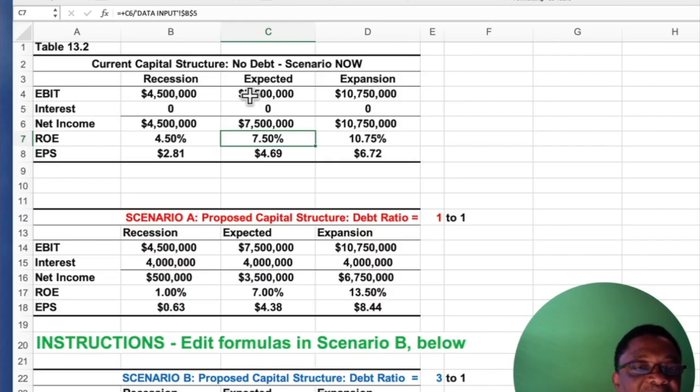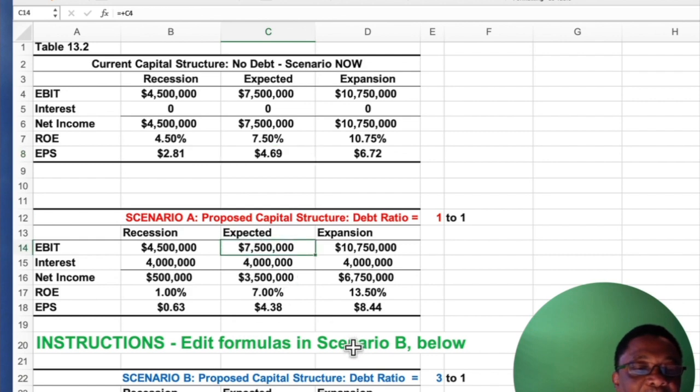So if you take 7.5 million divided by 1.6 million, and convert that to a percentage, you'll get a return on equity of 7.5%. Earnings per share with a capital structure of no debt is $4.69. Now let's compare this to the debt to equity ratio of 1-to-1.